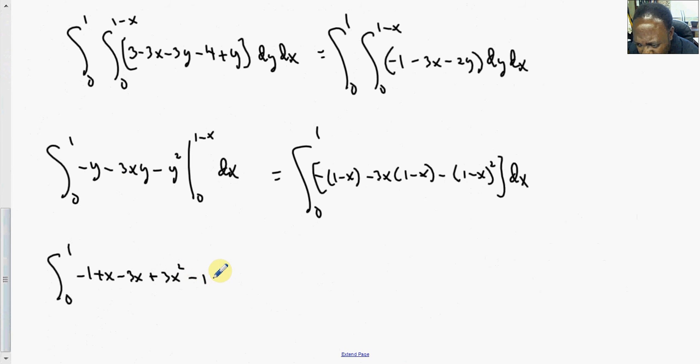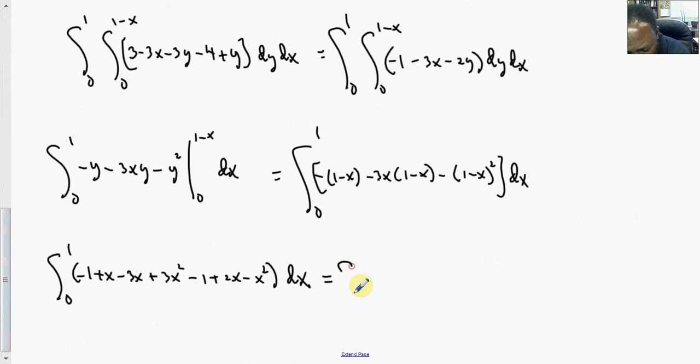This is minus 1 plus 2x minus x squared. I think I got that all right. Did that FOIL and negate it at the same time, right?